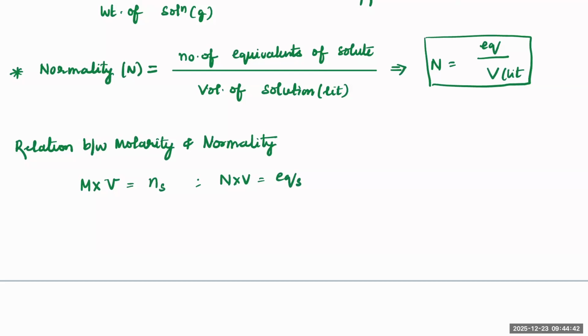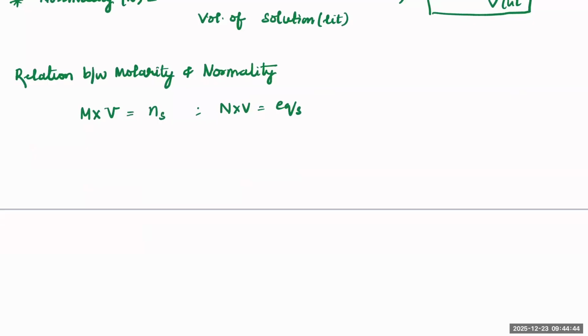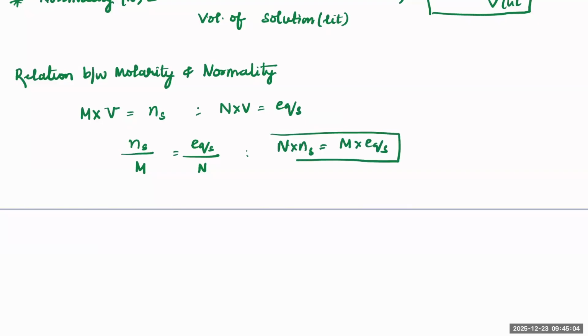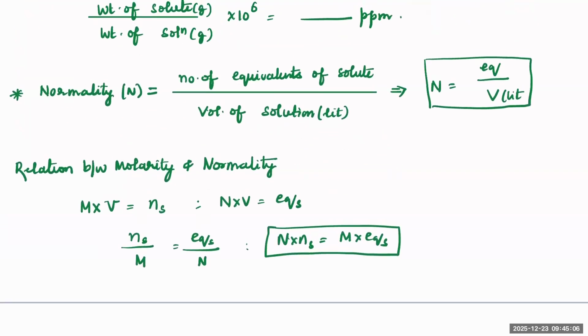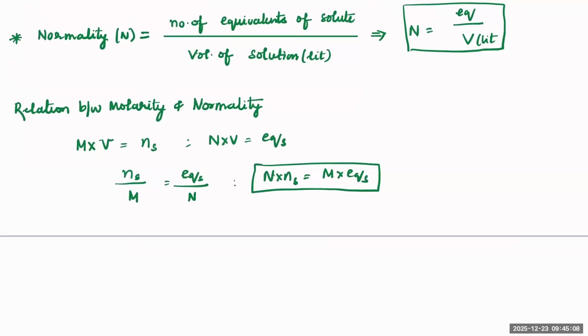Correct? So here, if you relate this, volume is one thing we can relate. So the number of moles of solute by molarity is equal to the equivalents of solute by normality. Correct? Or I can say normality into number of moles of solute is equal to molarity into equivalents of solute. Got it? This is another relation between molarity and normality that we must know.